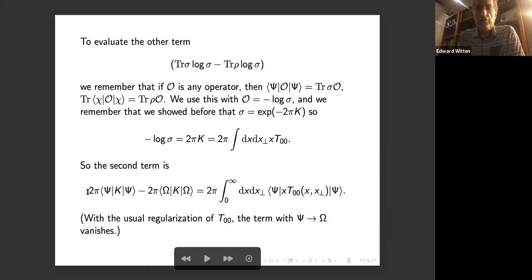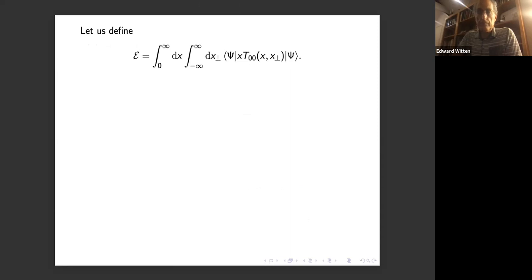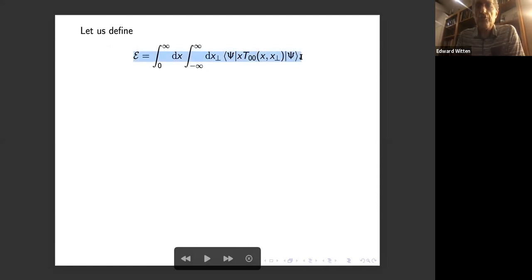But Casini's derivation naturally leads to the difference between this integral in the state psi and the same integral in the vacuum. So in that difference, the ultraviolet divergence in the energy density also cancels. So let's define curly E to be this integral. Okay, now I finally wrote that the normal coordinates are integrated from minus infinity to infinity, but x is only integrated from 0 to infinity. So curly E is the integral at time 0 over half of space of x times t00 in the state psi.